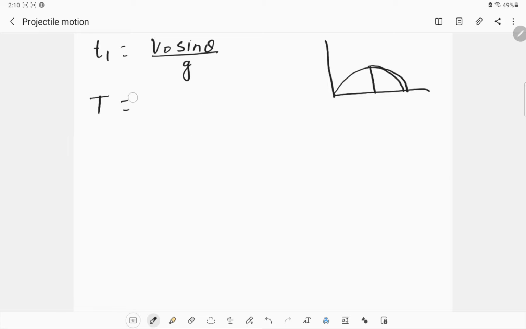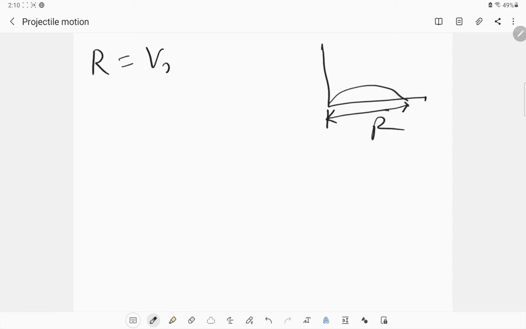Okay, this is the second equation that is relevant to projectile motion. Now the last one is the horizontal range. Horizontal range is simply how much distance from the original point to the landing position the projectile covers. That is the range. It is given by the horizontal component of velocity multiplied by total time, capital T, the time of flight.